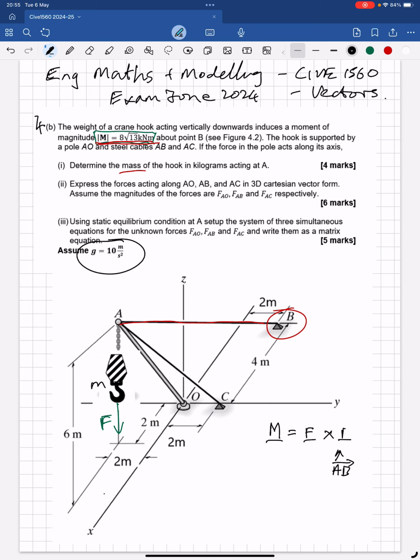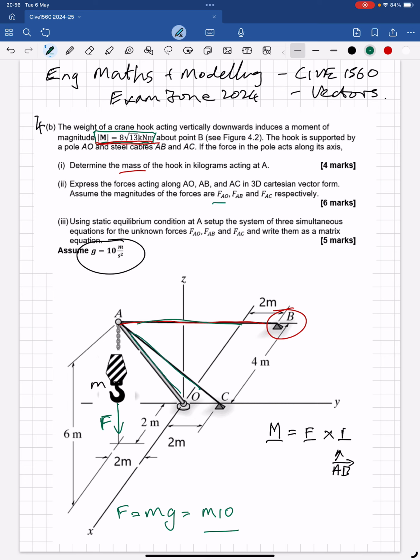So this force acting down, and maybe I'll colour that in green, this F is equal to mg, which is equal to m times 10, because g is 10. We need to write this in terms of a vector. This is just a magnitude at the moment. We'll need to turn all the forces in each of the struts into a vector.